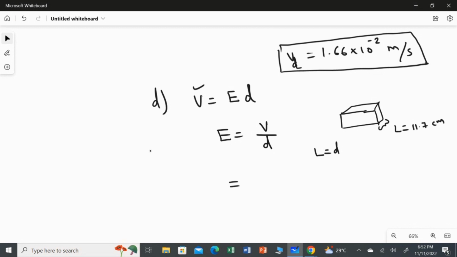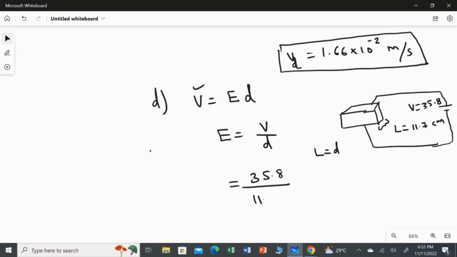And the voltage from the front side to the back side, how much voltage did we apply? We applied 35.8 volt from the front side to the rear side. So 35.8 over our distance from the front to the back, 11.7 multiplied by 10 power minus 2, will give the value of the electric field. 35.8 over 11.7 multiplied by 10 power minus 2.